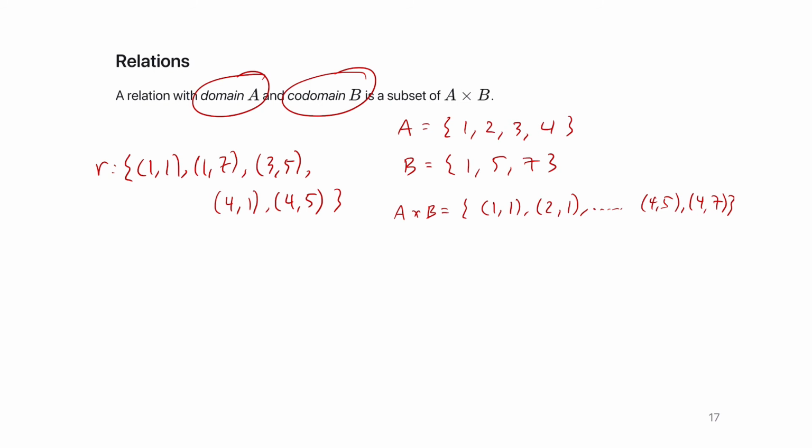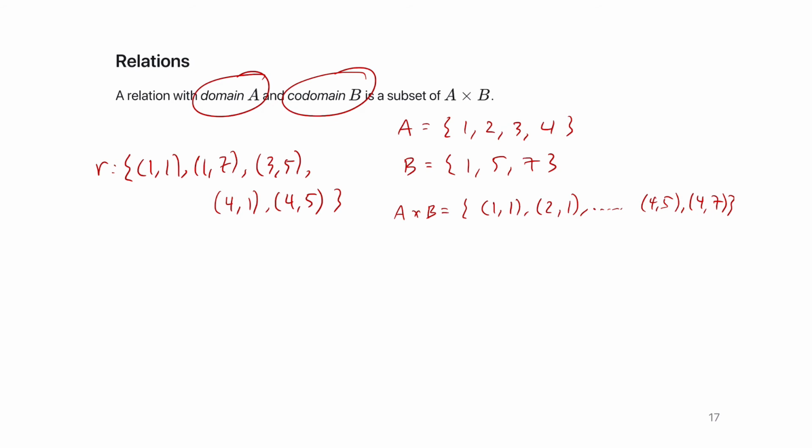The codomain is the set that makes up the second coordinate in an ordered pair. For now, that's all we've talked about in terms of domains and codomains. Okay? So for now, all we care about is that we're looking at the Cartesian product of A and B and taking some subset of that. We're calling the first coordinate in each of these the domain and the second coordinate the codomain.